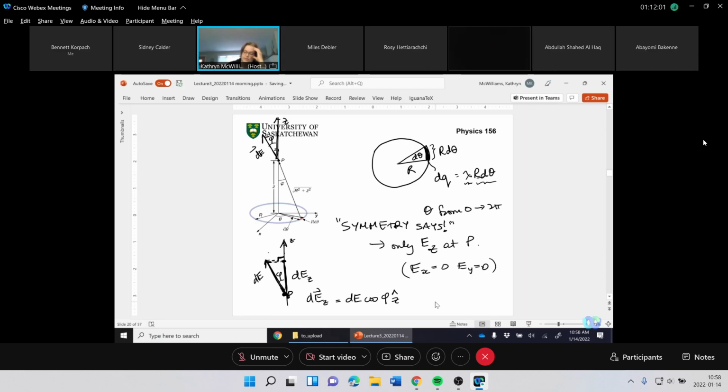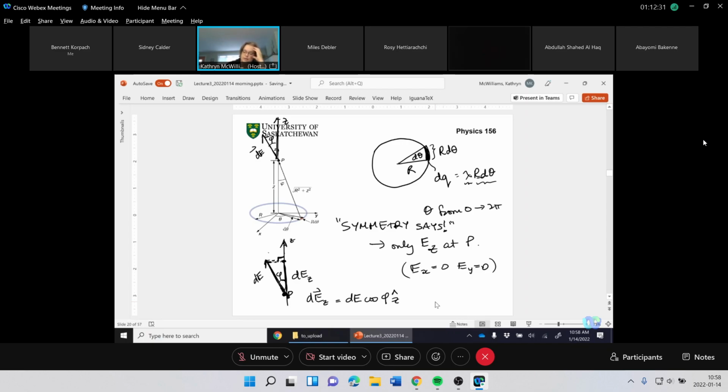Knowing that we have a right triangle here, the adjacent side to this angle is related to the hypotenuse of this triangle by the cosine. Adjacent over hypotenuse is cosine of this angle. The opposite side of this triangle is related to the hypotenuse by the sine of phi.